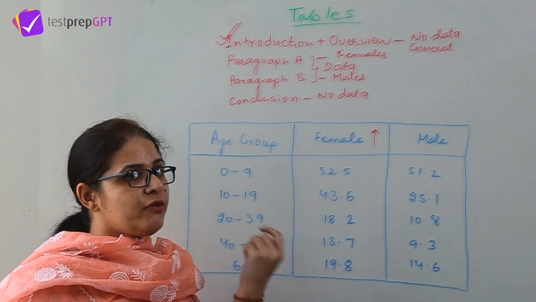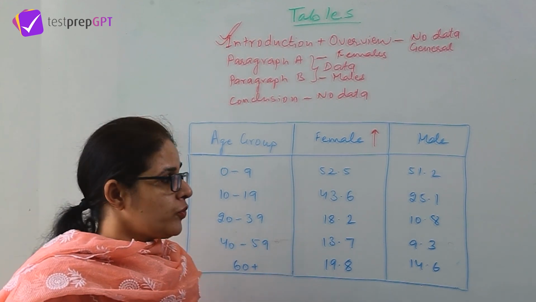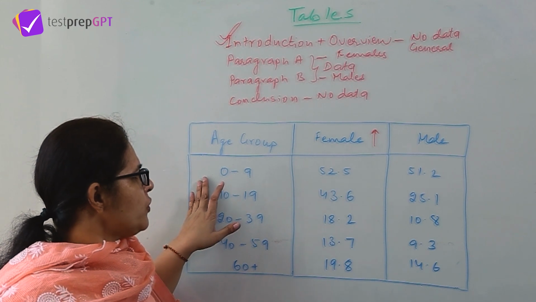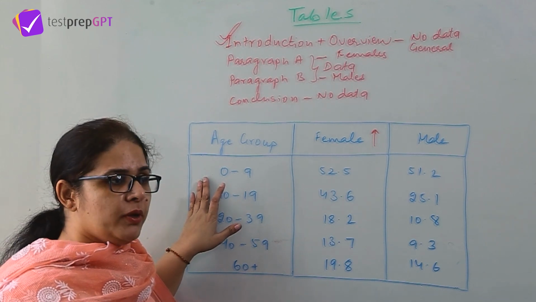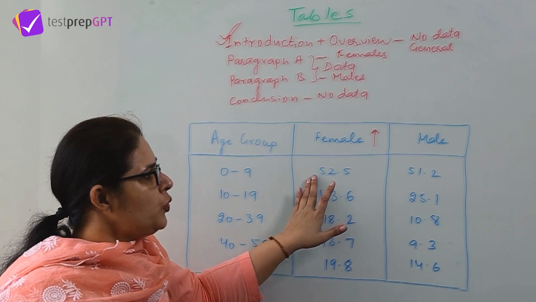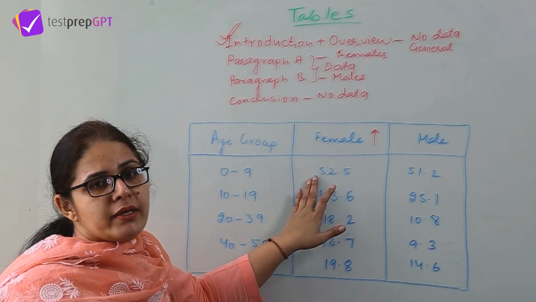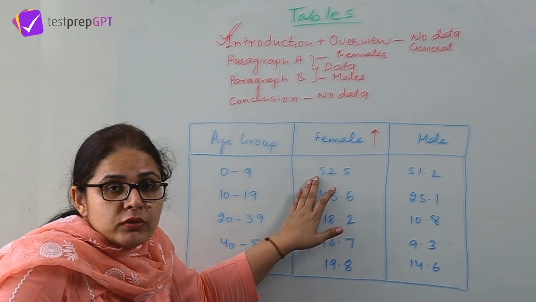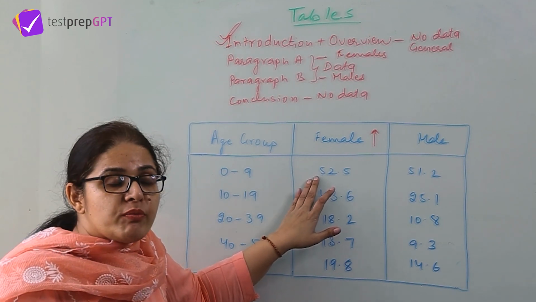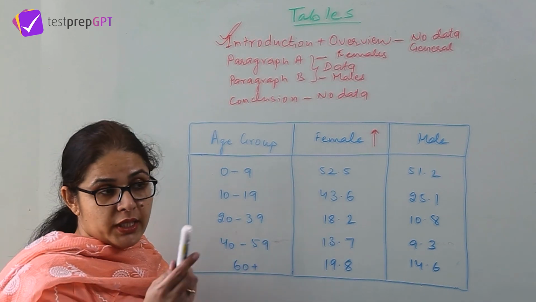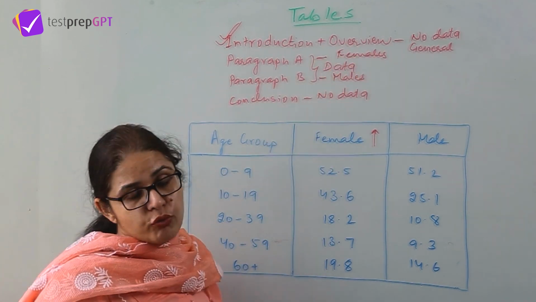But there's another key feature that we left out: for the age group 0 to 9, for the people below the age of 9 years, almost an equal percentage of females and males rode bicycle. So this is another key feature you can add as part of the overview.